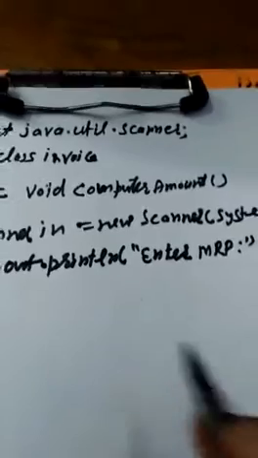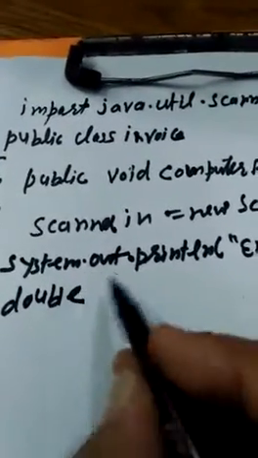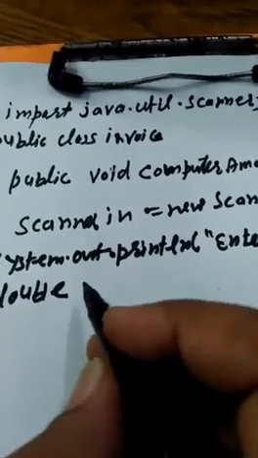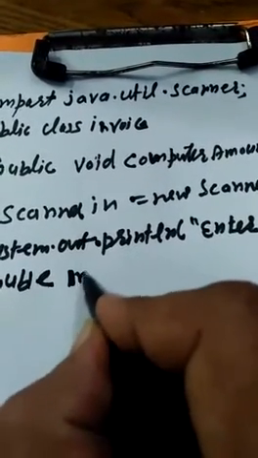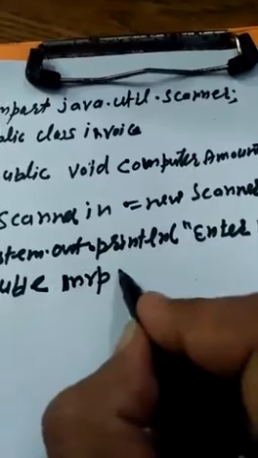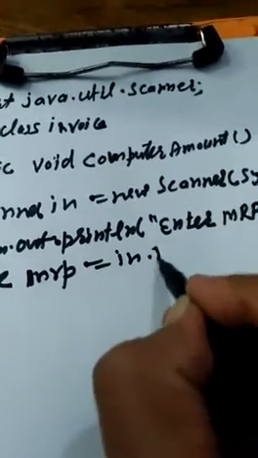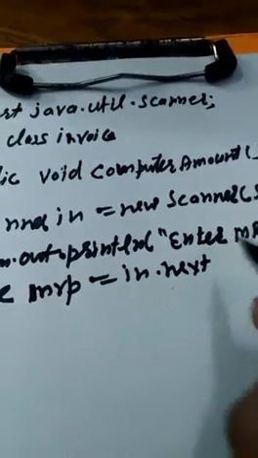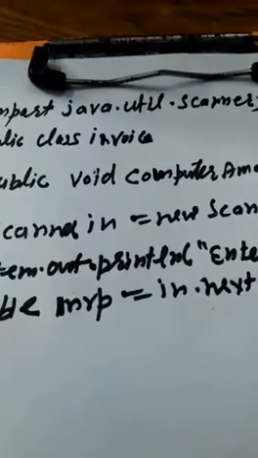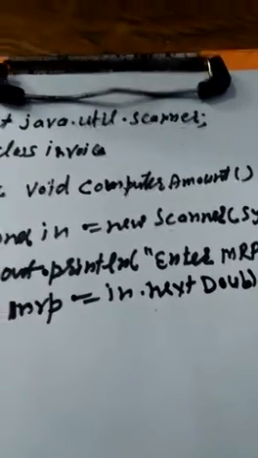MRP may be of data type double, so you will write double MRP is equal to in.nextDouble(); and then a semicolon. Okay.